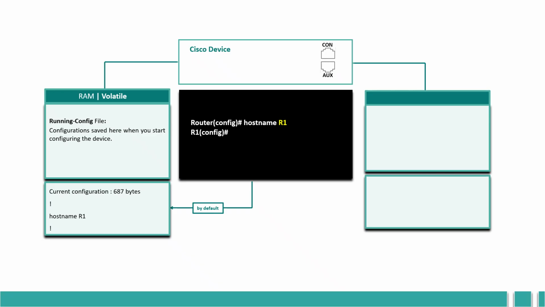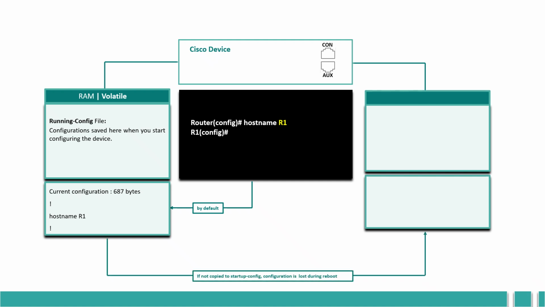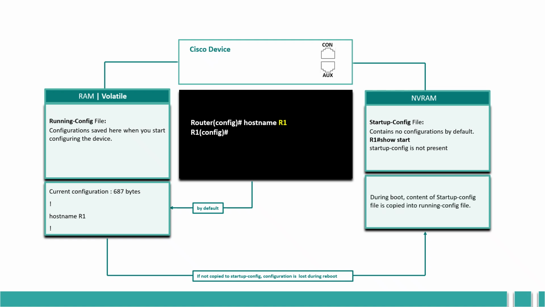In order to retain the configurations that you perform on your device, you need to copy running-config into a startup-config file. A startup-config file is located in NVRAM, and during boot, the content of it will be loaded into running-config file.